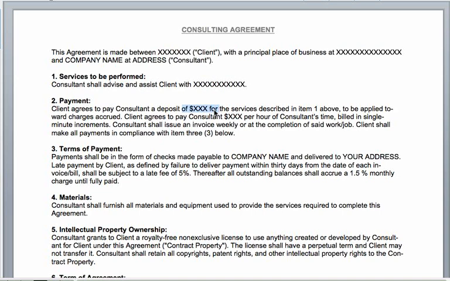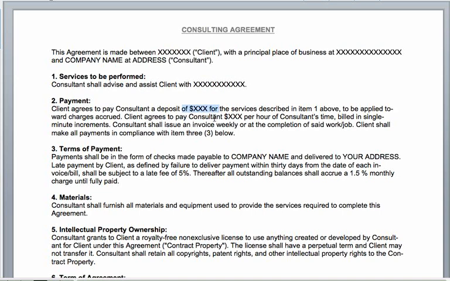Not all clients are honorable, not all of them have money, and not all of them intend to pay consultants. So to weed out some of the bad eggs and deadbeats, you definitely want to require a substantial deposit up front before you start providing any service. That's essential.